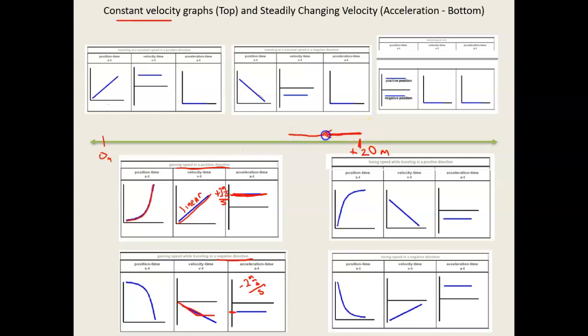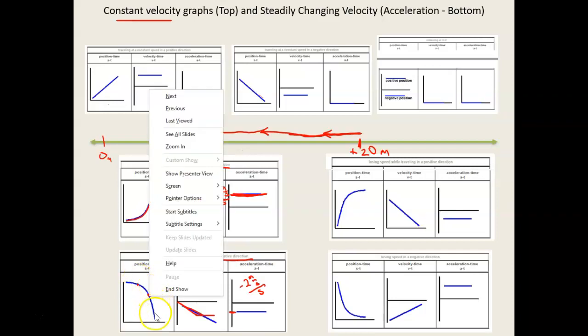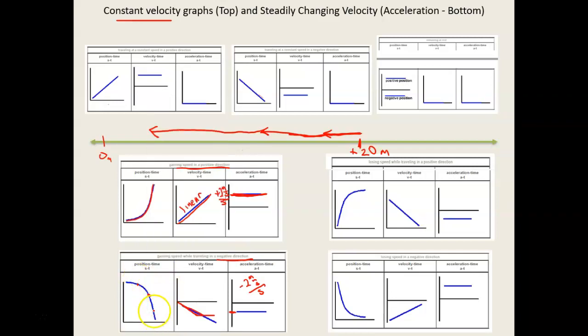So maybe the first second we cover a certain amount of distance, the second second we cover a greater distance, the third second we cover a greater distance, and so forth. So we would move a little bit closer to position 0 in the first second. In the second second we would move more distance toward position 0, and in the third second we would cover more distance toward position 0. Okay, so we're going to get that non-linear shape.